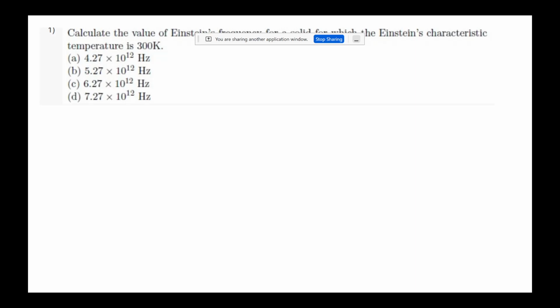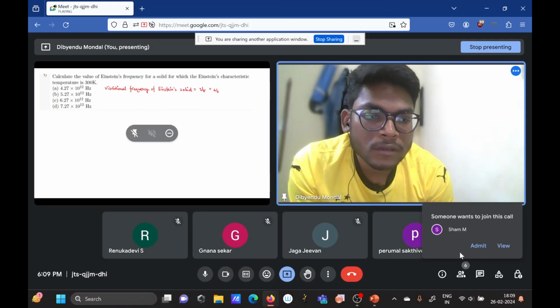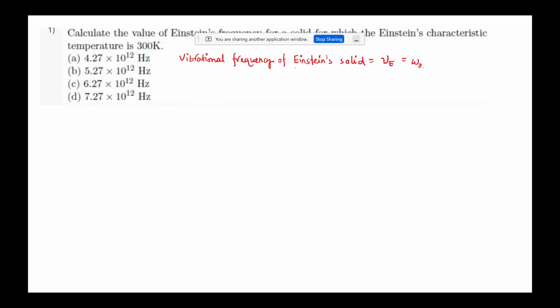Let's say the vibrational frequency of the Einstein solid, which you can write as omega naught, comes out as kB T divided by h cross, the Planck constant.